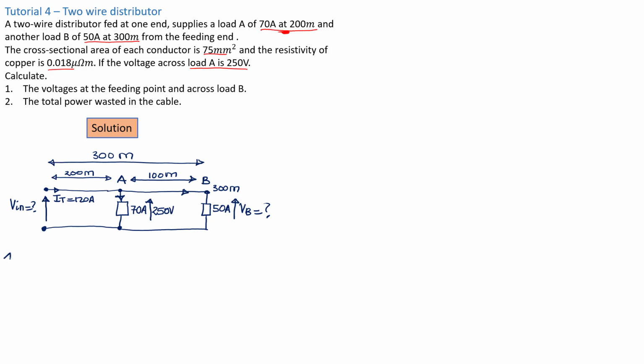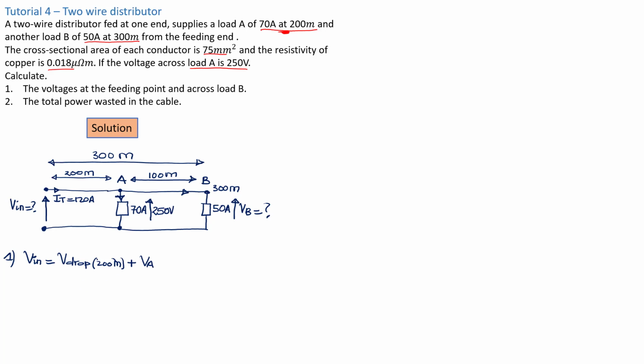So first question, 1: V in is equal to the voltage drop here, so we're going to call it V drop at 200 meters, plus VA. So this is going to give us V in.